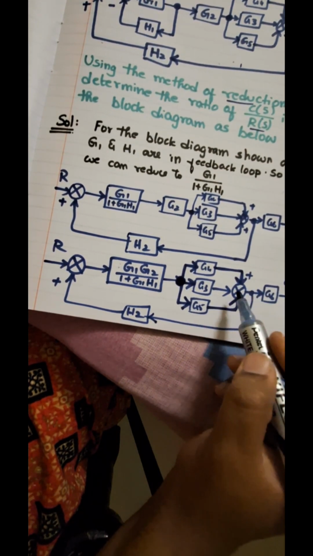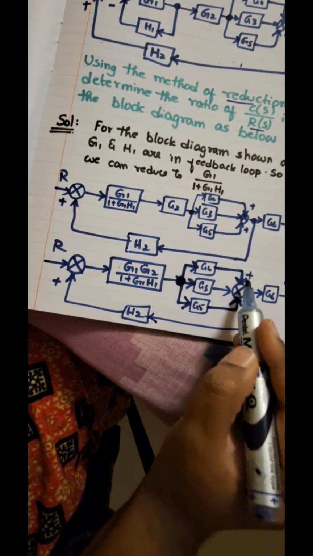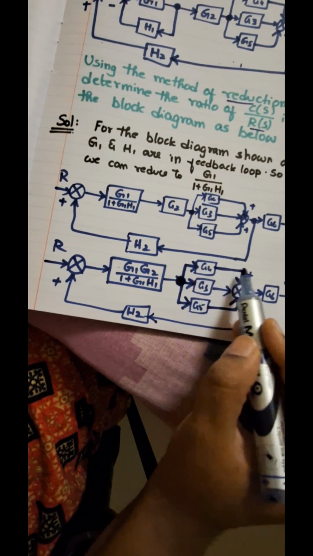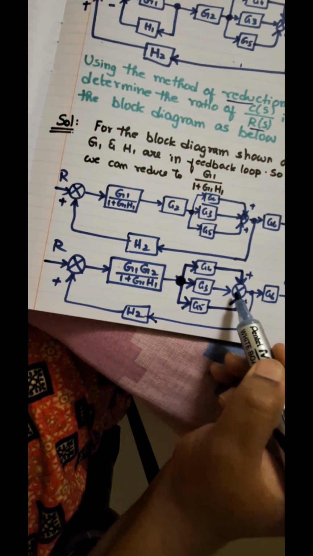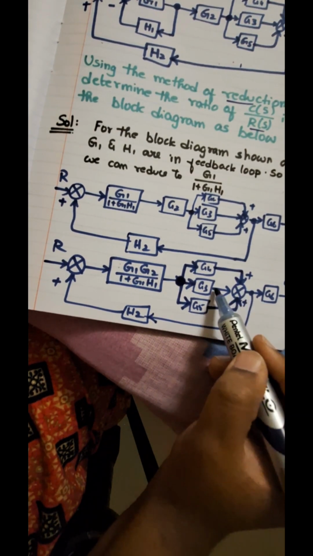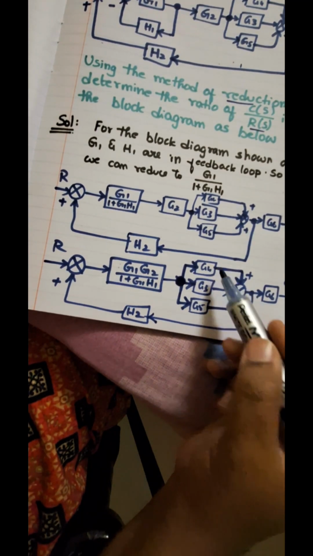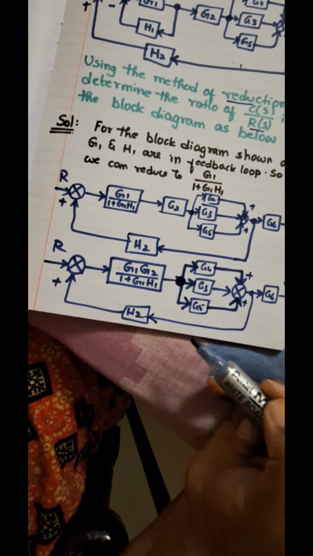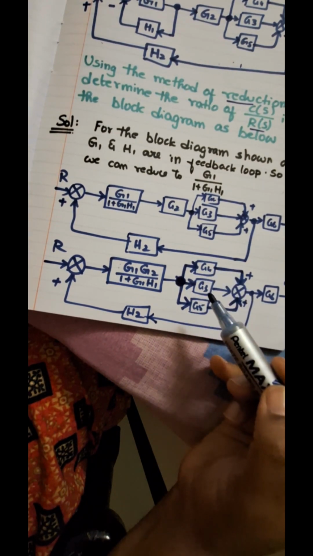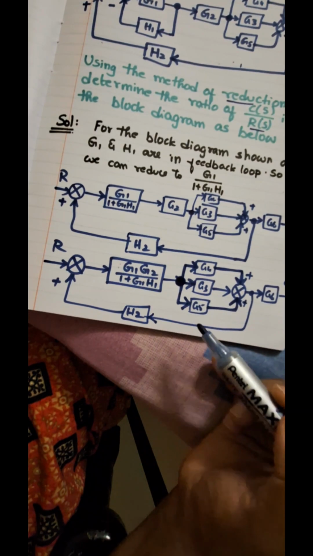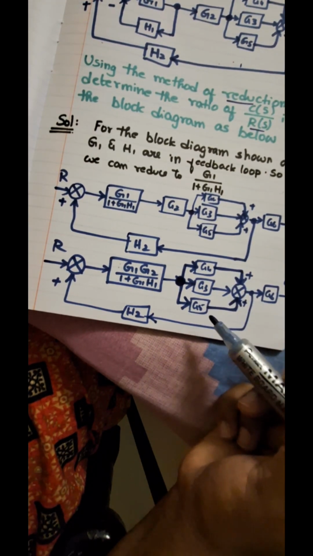And 3 are going to a summation, means 3 are going and getting added on. So when it is going to get added on, what will be the solution? G4 is positive, so plus G4, G3, when it is in forward, it will be positive G3 only, obviously, right? So G3 plus G4 plus G5. When 3 elements are in parallel, you should write G4 of S, G3 of S and G5 of S are in parallel.